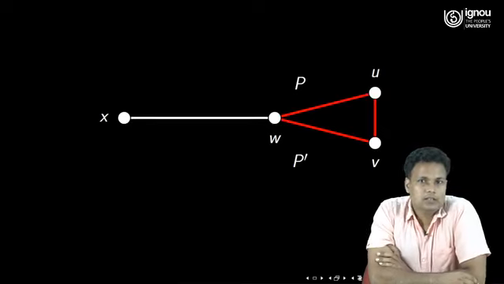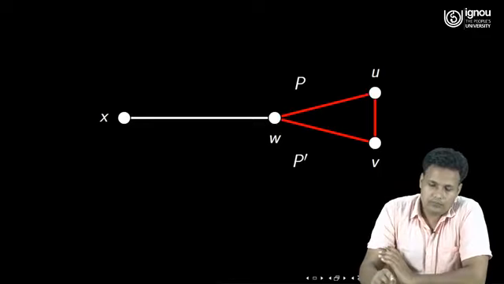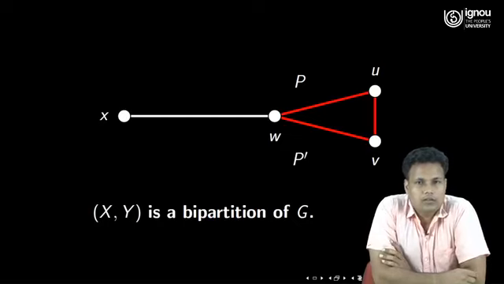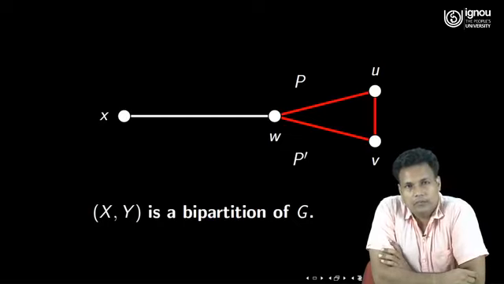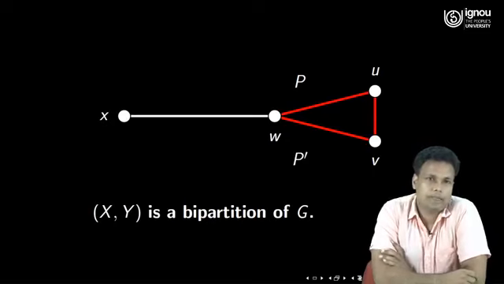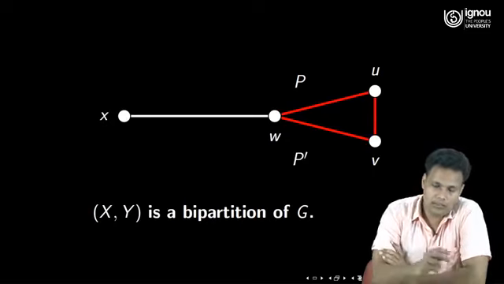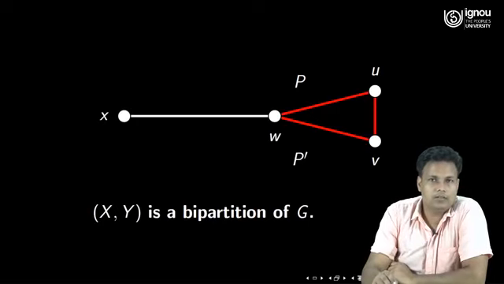Hence the edge UV cannot be in X, right? And in the same way you can show that the edge UV cannot be in Y as well. That means every edge has one endpoint in X and another endpoint in Y. So (X,Y) is a bipartition of G. That means G is a bipartite graph.